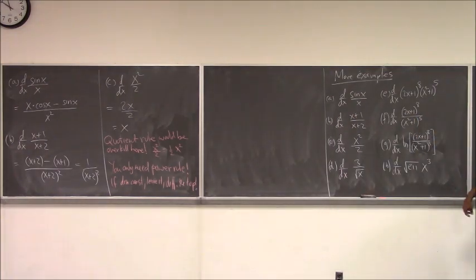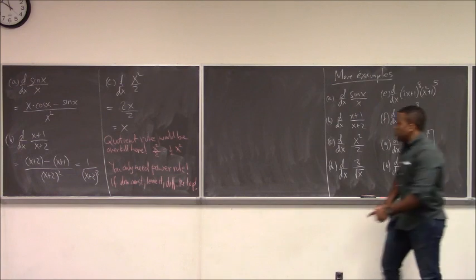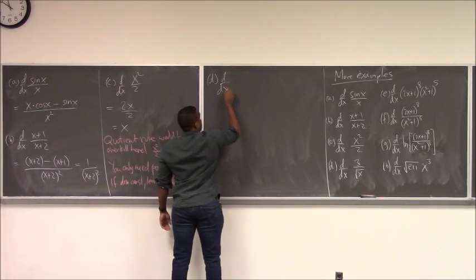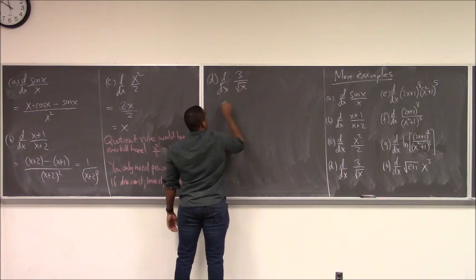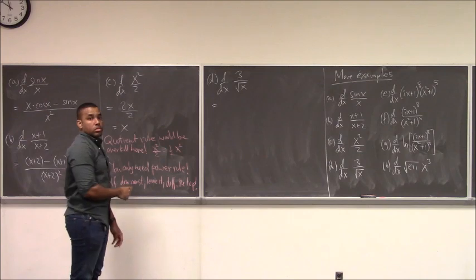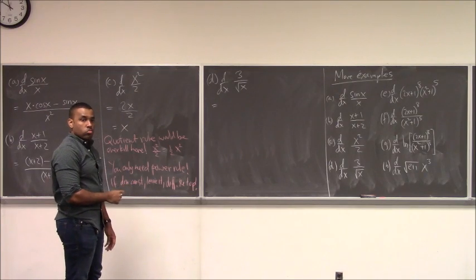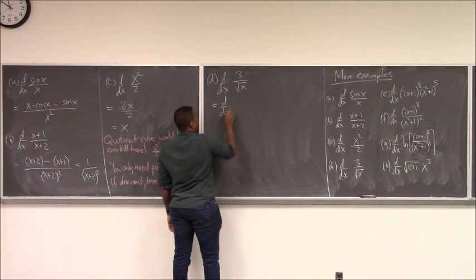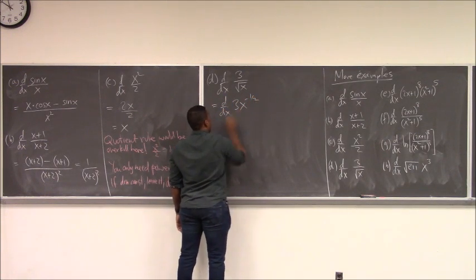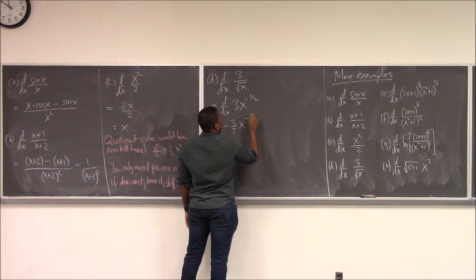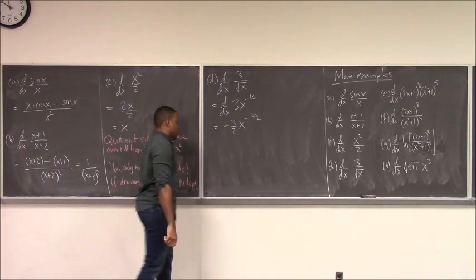Let's talk about D. How do you do this one? You can think about it as 3 times x to the negative 1/2, and then just do power rule. Ditto.